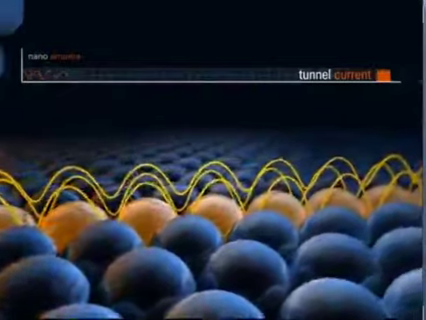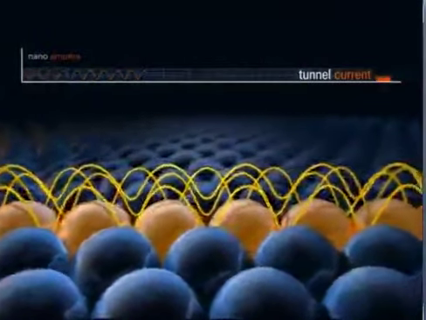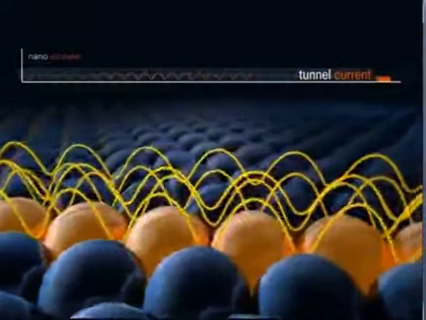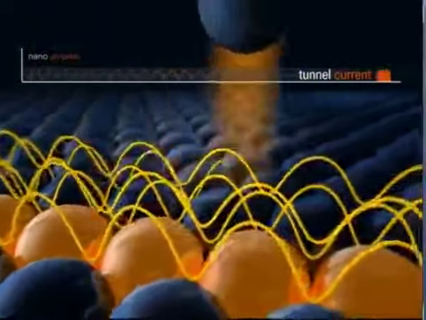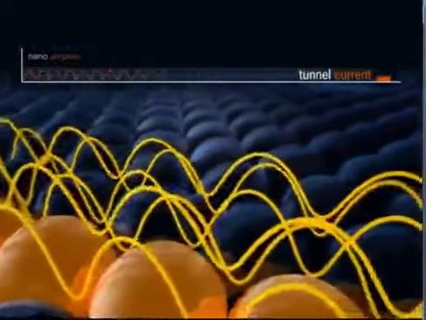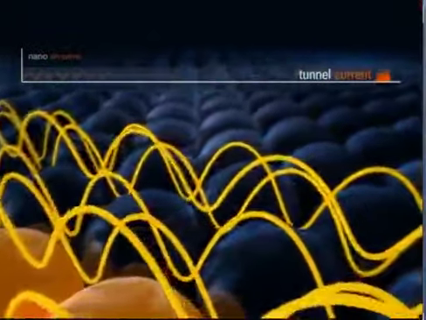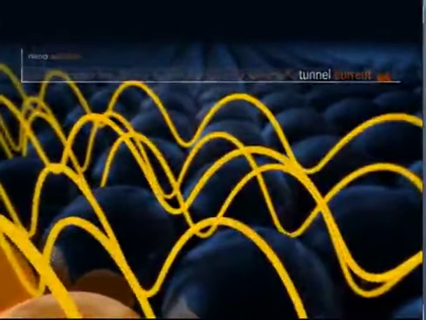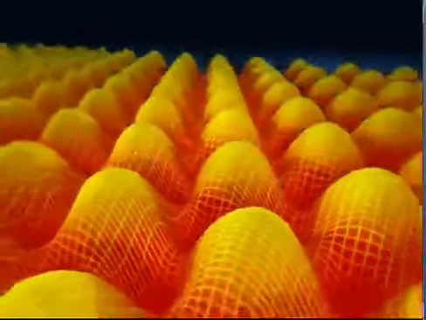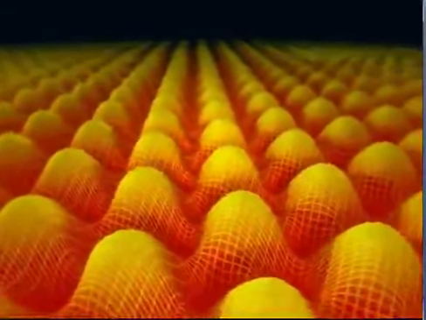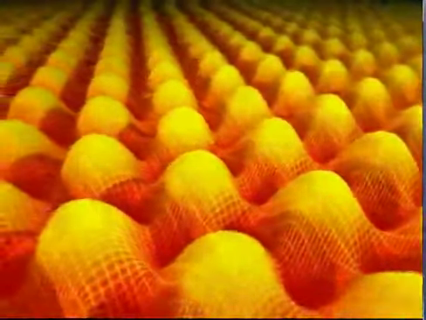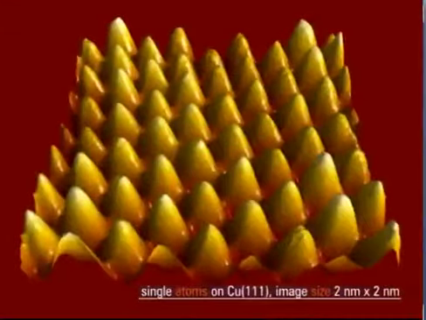Our images reveal that the copper surface can be modeled as a close-packed arrangement of hard spheres, which are spaced at a distance of 0.22 nanometers. Imaging electron density variations.